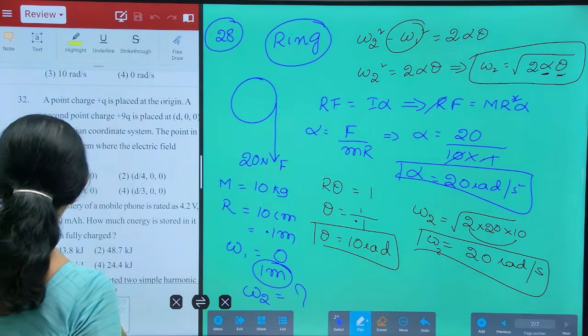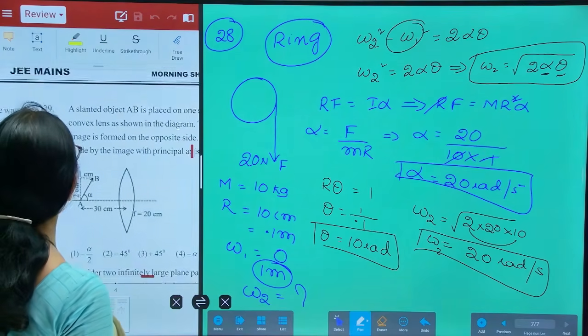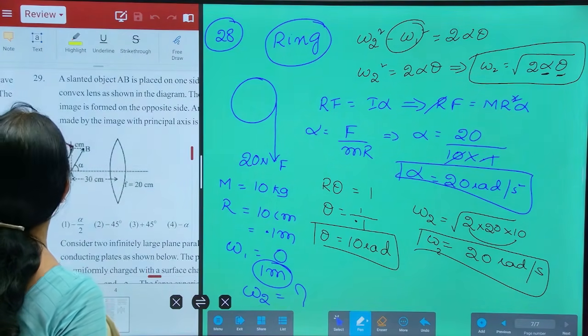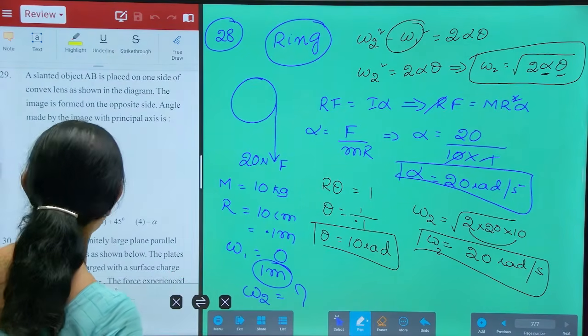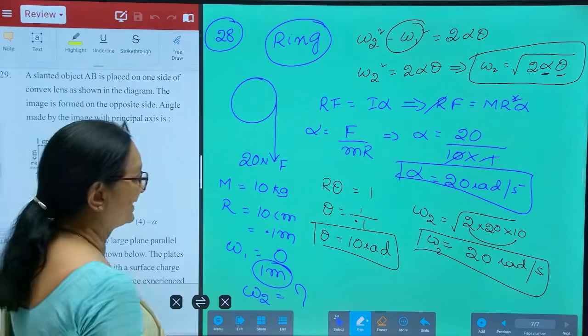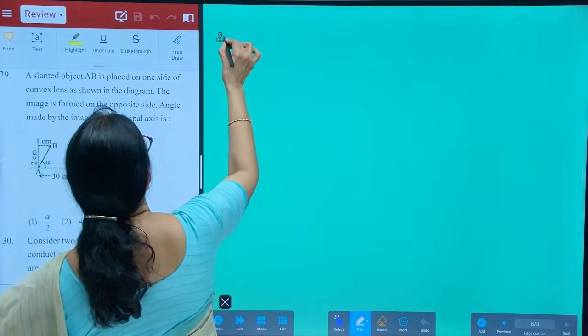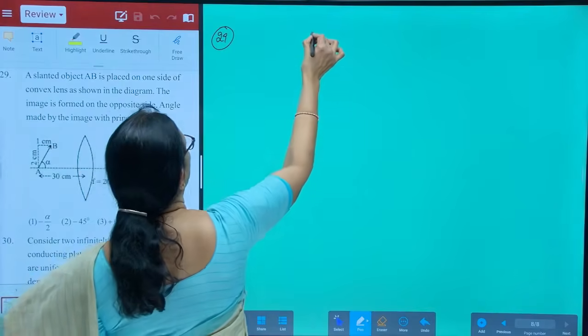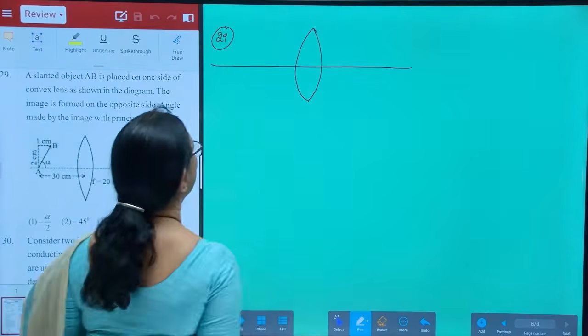Now let us go to the 29th problem. Look here. A slanted object is placed on one side of a convex lens. So I am talking about question number 29. The diagram given is like this. This is a convex lens.